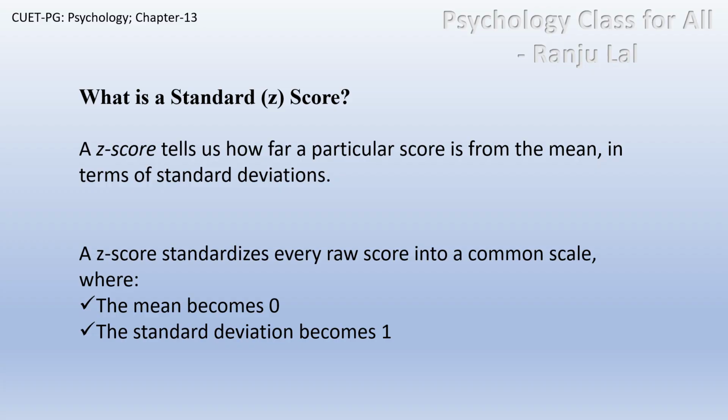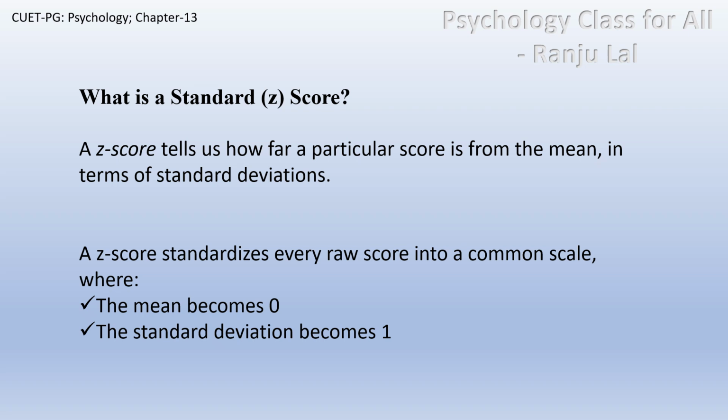Think of it in this way. In a classroom test, the average score is 50 and the standard deviation is 10. If you score 60, how far are you from the average? Exactly one standard deviation above the mean. So your Z score would be +1.